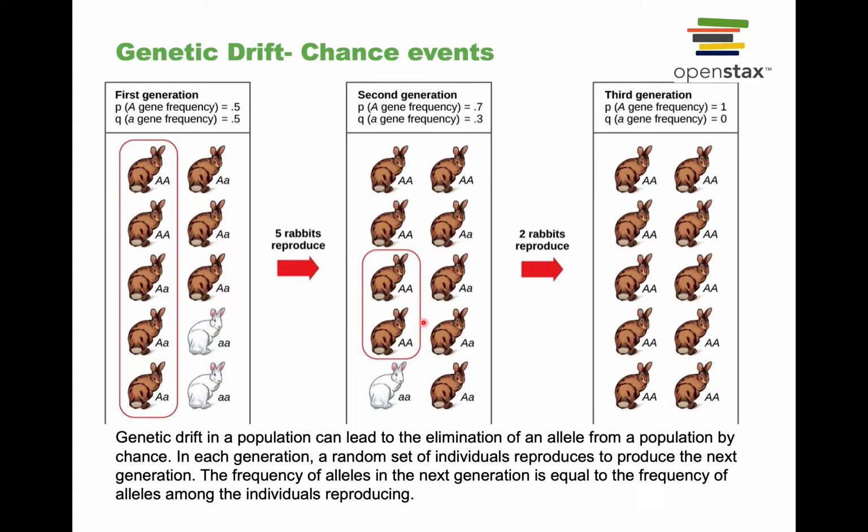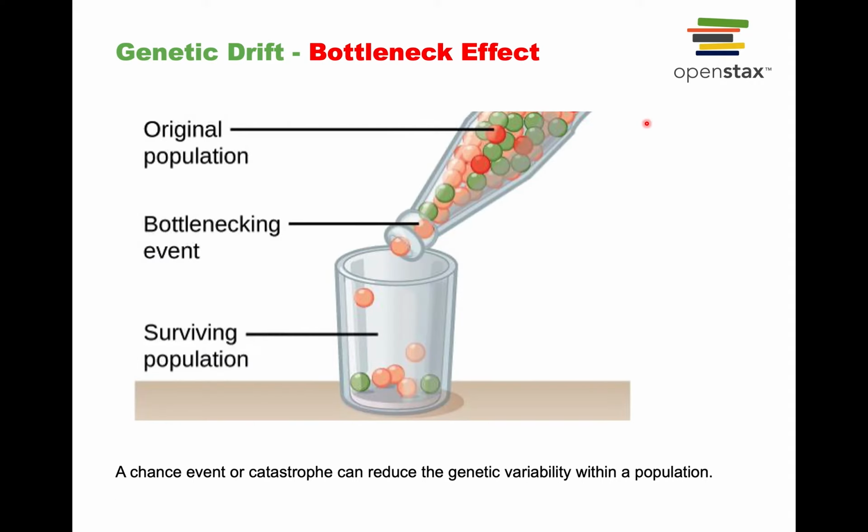For the next generation, only the rabbits that are homozygous A are able to reproduce, and then basically the little a allele disappears from the population. So this is entirely due to chance. There is no adaptation or any selective pressure involved, but just some event happens and leads to a change in the frequency of alleles over time.